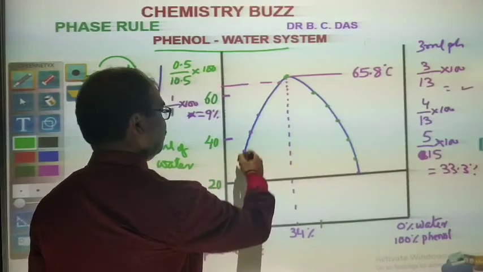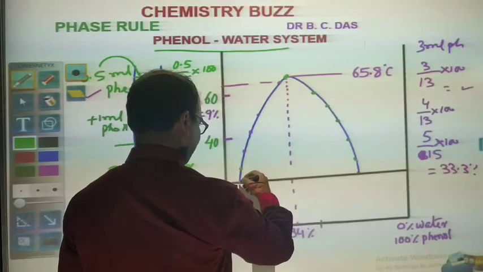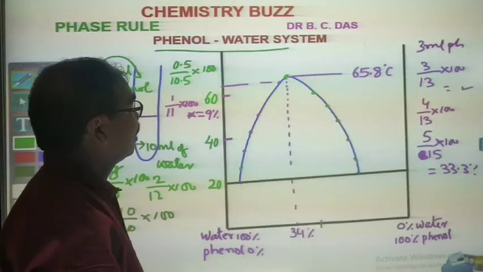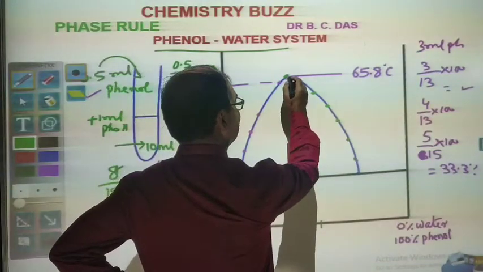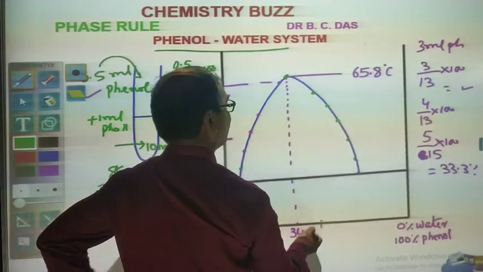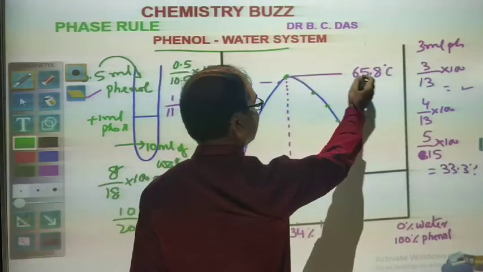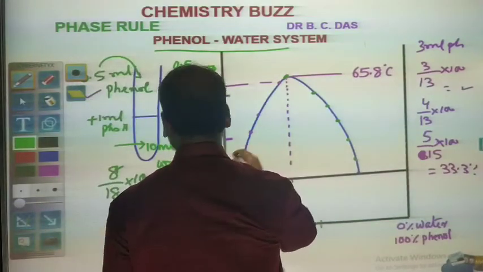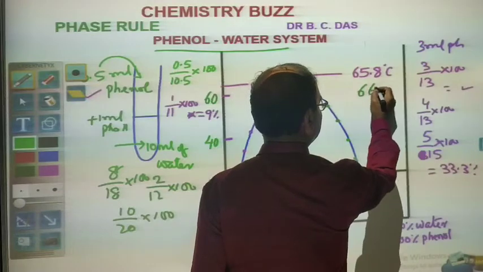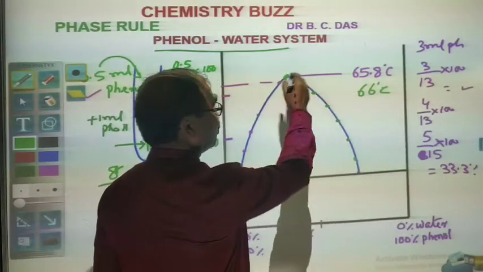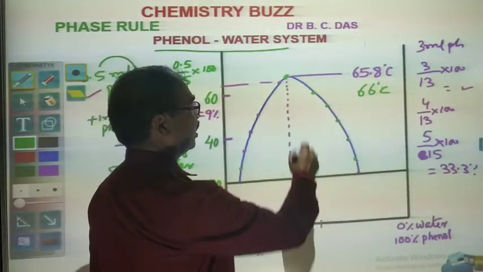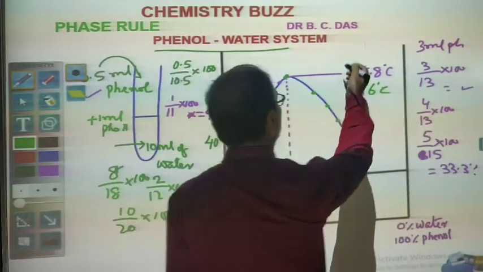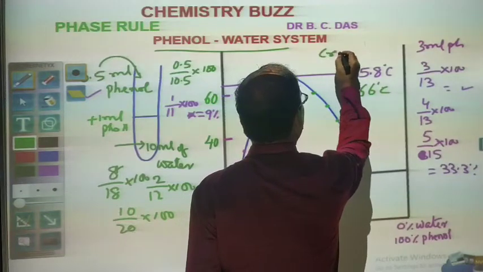And if we plot the graph and connect the points, we will get this type of graph. This is the composition 34%, and the temperature corresponds to 65.8 degree centigrade, or roughly we can say 66 degree centigrade. So this is called the critical solution temperature or consolute temperature.